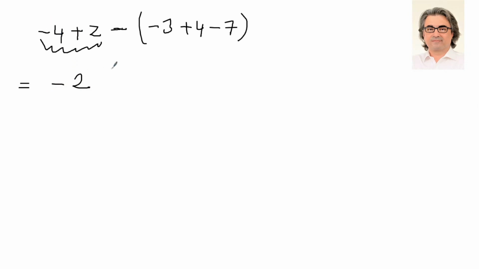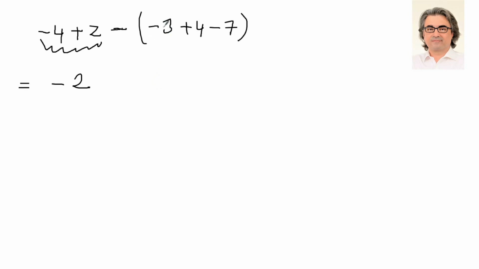It means minus. After that, I reached a parenthesis with a minus sign in front of it. It means I should remove the parenthesis by changing the signs of the numbers in the parenthesis.